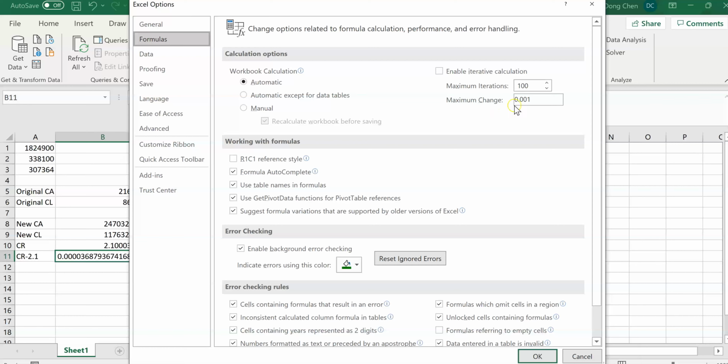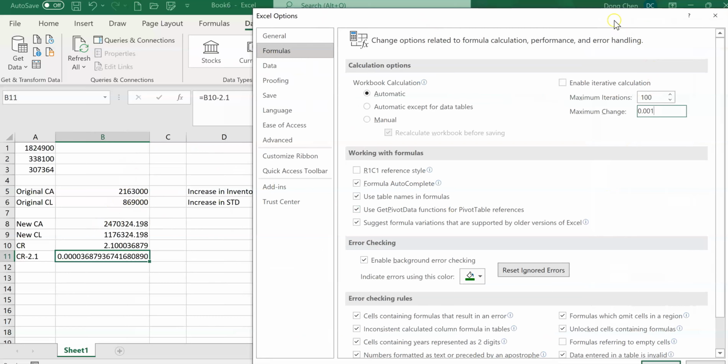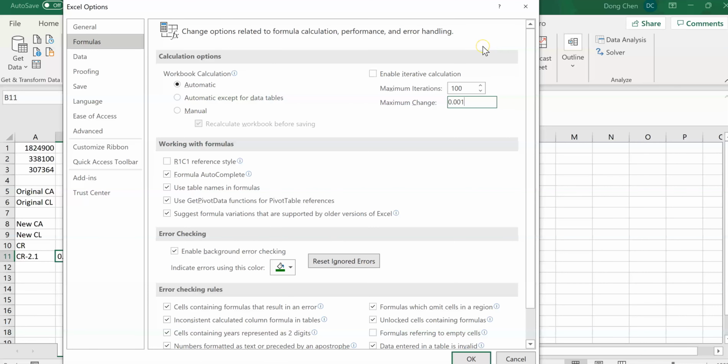This maximum change tells Excel what the change of the value should be relative to its last try. So we can make this a very, very small number. Right now it's 0.001. Even though it's small, it's not that small. When we encounter a relatively large number, that can generate some errors. So we can make this number really, really small.